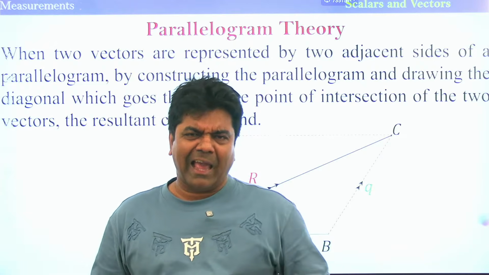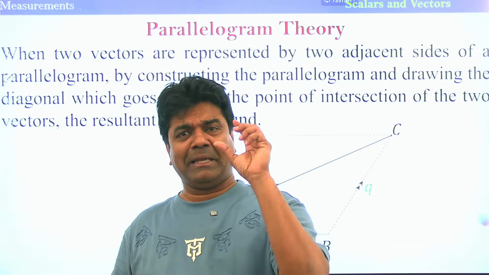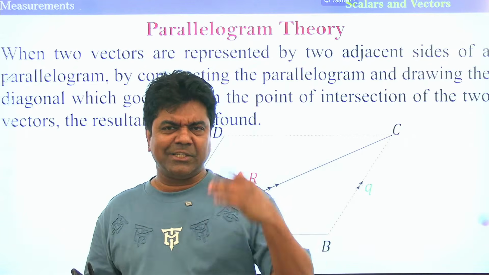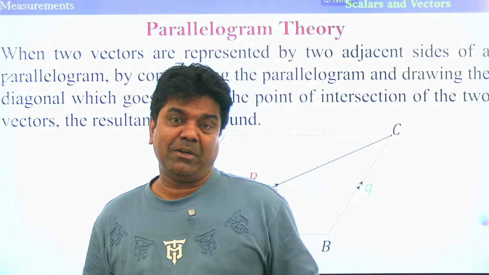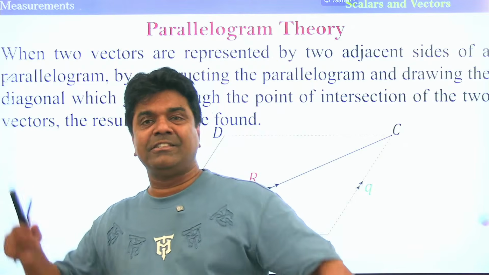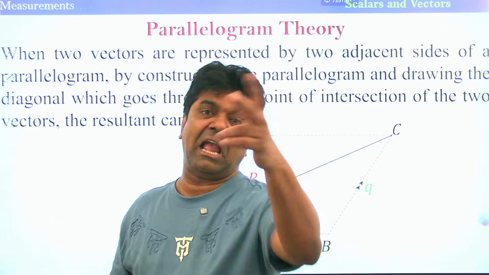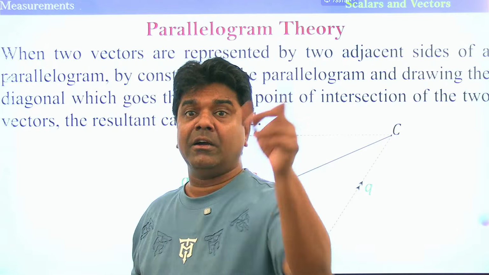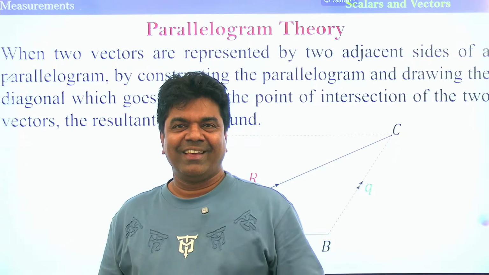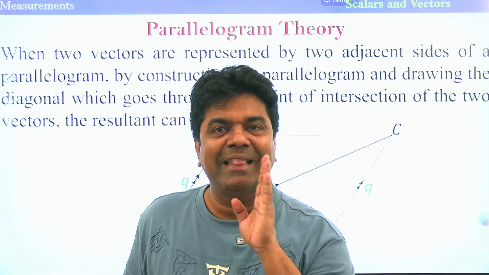Now, in the previous case of the triangular theory, we went with the geometrical construction. You all understand that geometrical construction is a mess when it comes to very high accuracy. Say, for example, 5 Newton and 6 Newton will be fine. But 5.72 Newton to be added to 6.91 Newton, with an angle between them of 30 degrees and 14 minutes, finding a proper scale will not be easy.